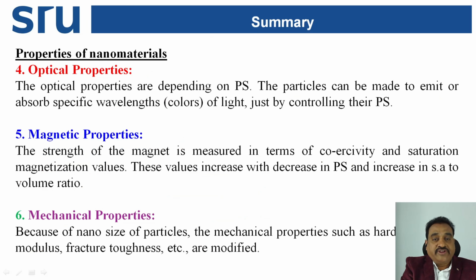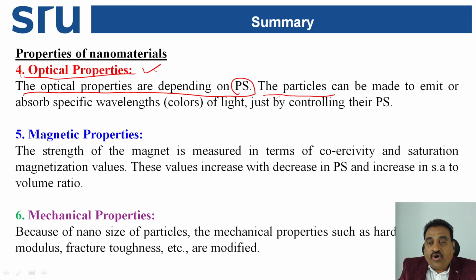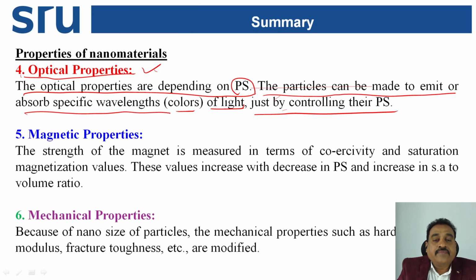Coming to optical properties. The optical properties depend on particle size. The particles can be made to emit or absorb specific wavelengths, that is, colors of light, just by controlling their particle size.